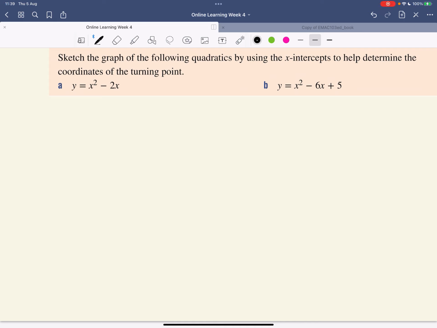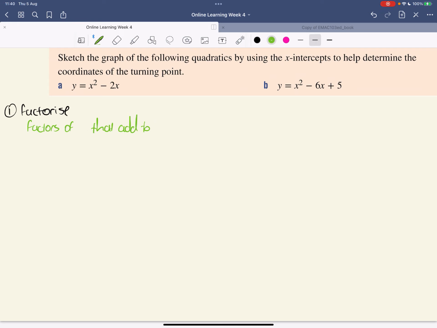All right, so the first step, we'll do A first, is to factorize. I'll just write that, factorize. That's step 1. So just like normal, factors of AC that add to B, and I'll replace AC and B with the numbers in the question.